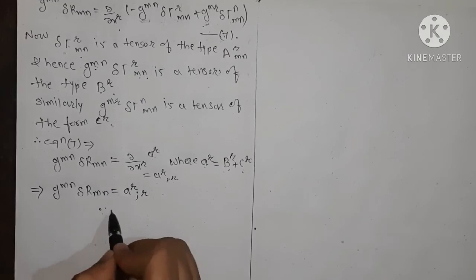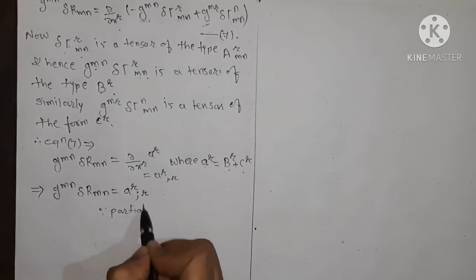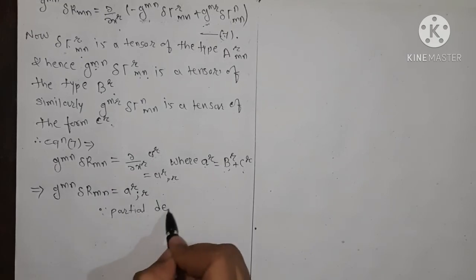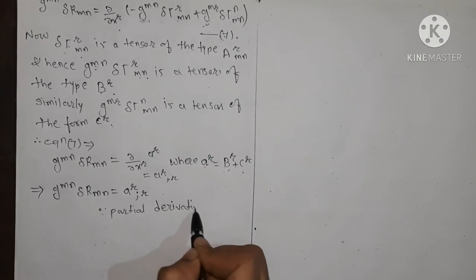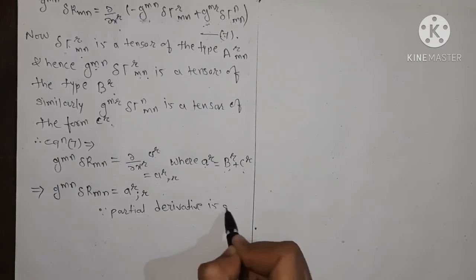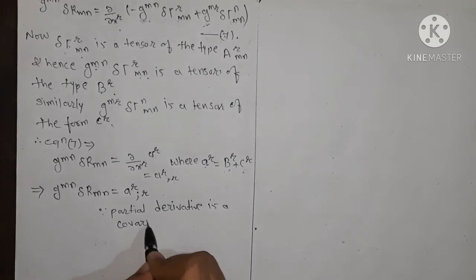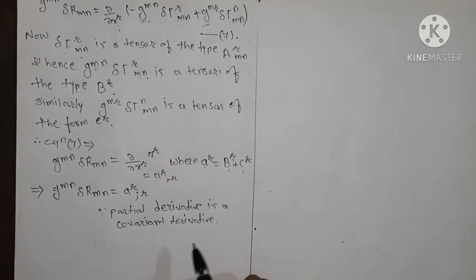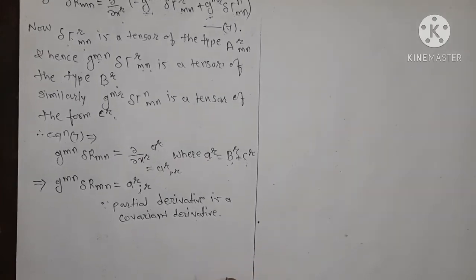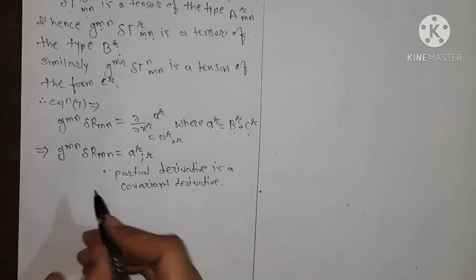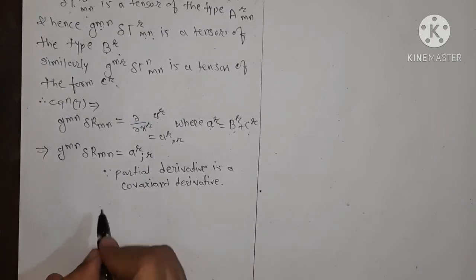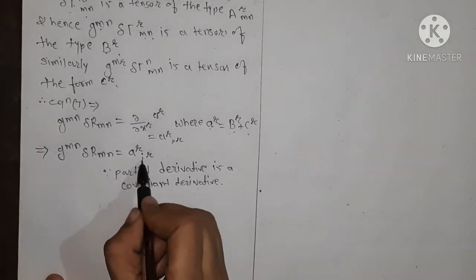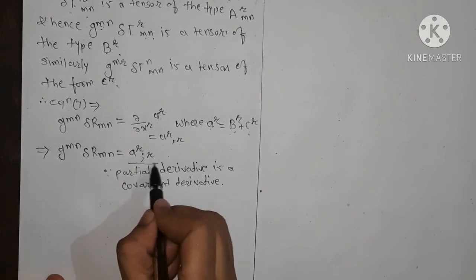Since the partial derivative is a covariant derivative, which is equal to, we use here the definition of divergence.